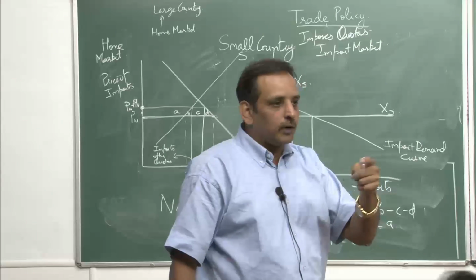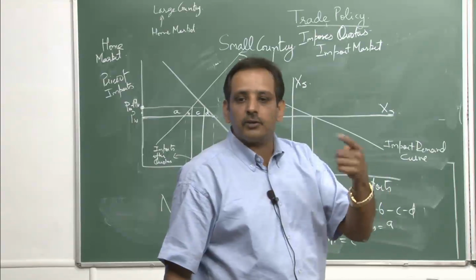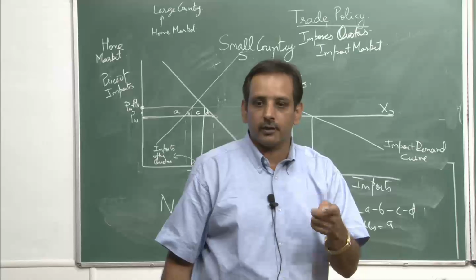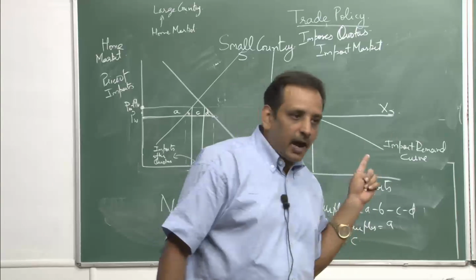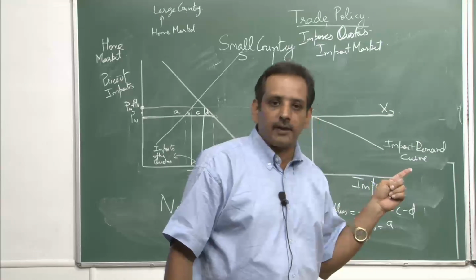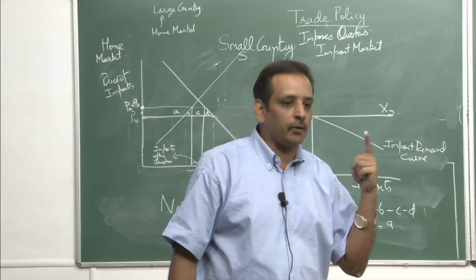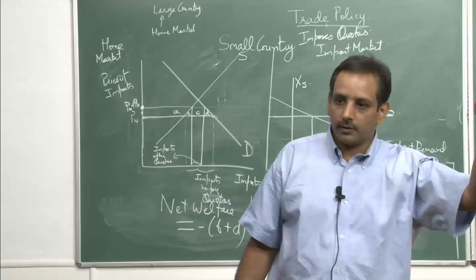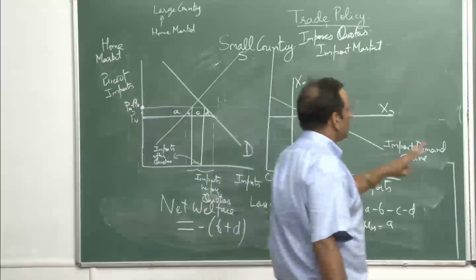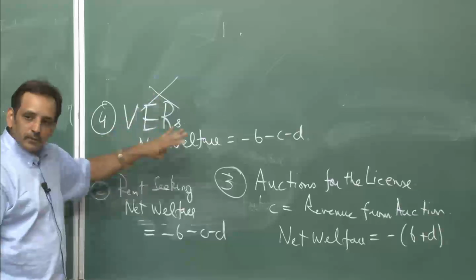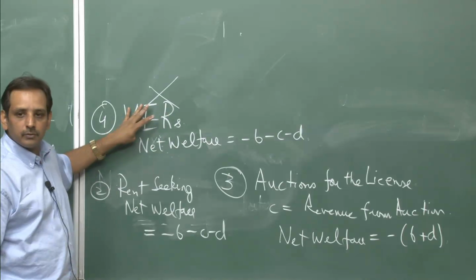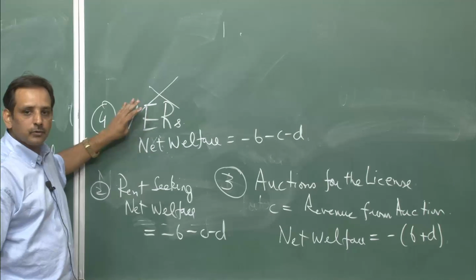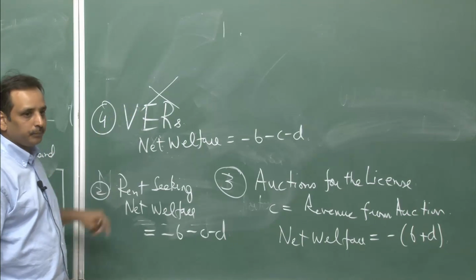And therefore behind this word restraint, voluntary export restraint, is the fact that the licenses are not coming from your country, it is coming from the other country, right. So VERs are not allowed, but because of so many political reasons, you see a VER being imposed on Chinese products.